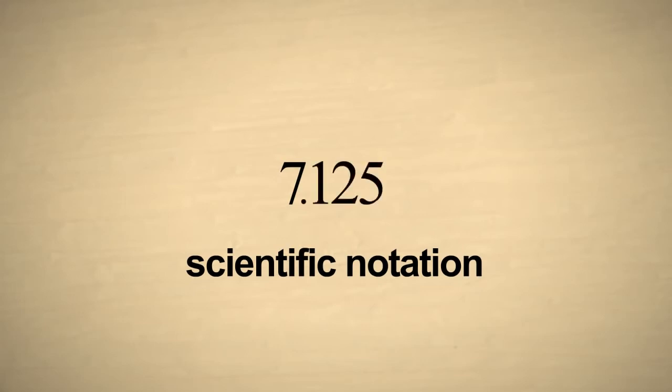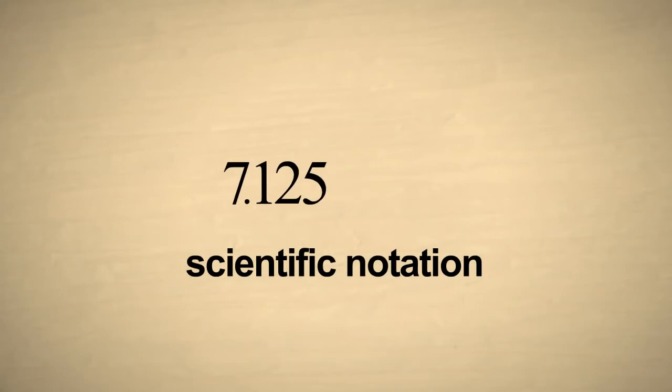The second part is a multiplier for the first part. This multiplier is always written as 10 with an integer exponent. Since the exponent can be positive or negative, the multiplier can make the number as large or small as we like.